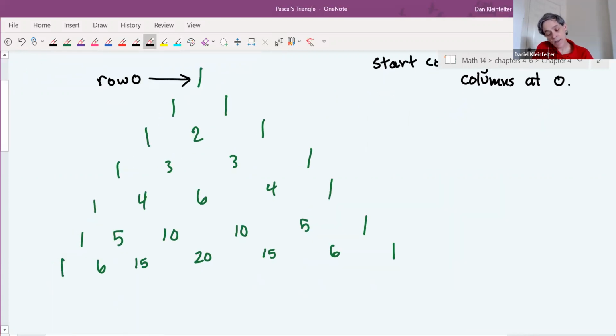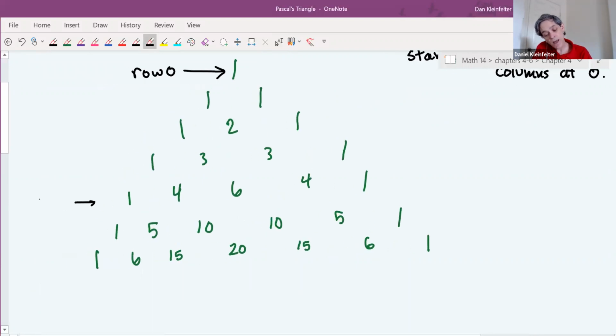Okay, similarly, the row right here with the 6 in it, that is row 0, 1, 2, 3, 4. That is row 4. It's physically the 5th row in the triangle, but we're going to number beginning with 0 so that we'll call that row 4. Similarly, columns will start with 0 also.